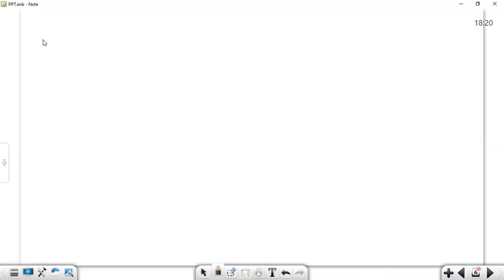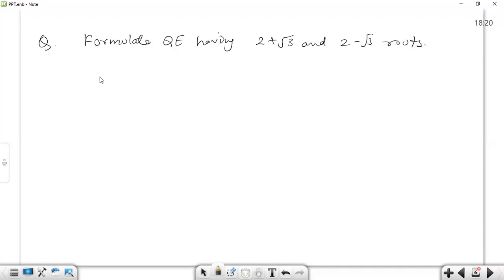Let's take one more example. Formulate a quadratic equation having roots 2 plus root 3 and 2 minus root 3. The answer will be x square minus the sum, 2 plus 2, 4, plus root 3 minus root 3 is 0, so 4x, plus the product, 2 plus root 3 into 2 minus root 3.